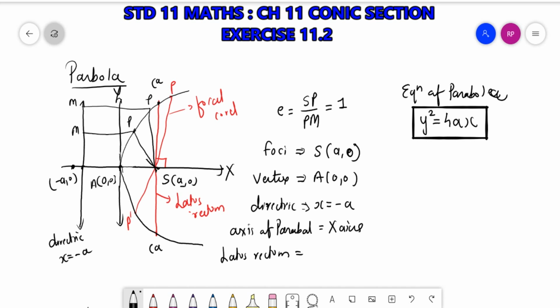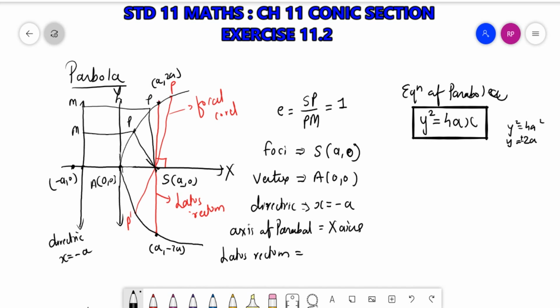Clear? Now, if I put this in the equation y square equal to 4ax, x will be equal to a, so y square will be equal to 4a square. So y will be equal to the square root of this, that is plus minus 2a. So here it will be plus 2a, and below it will be minus 2a.